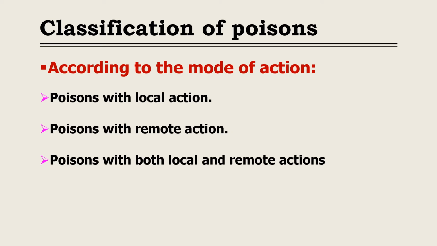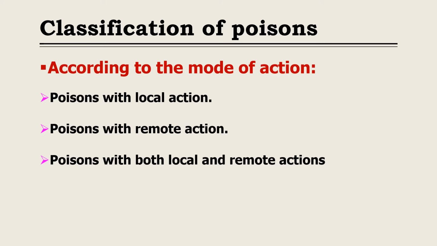That the substance will act locally only at the site of entry. And the most famous example of poisons with local toxicity is corrosives. And here I mean by corrosives the caustic acids and the caustic alkalis.